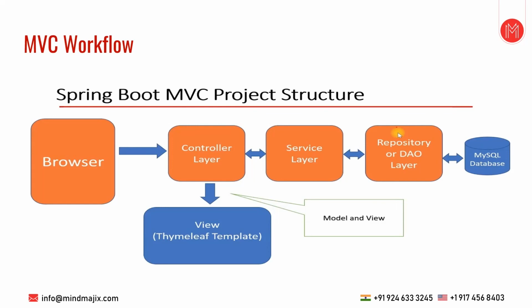The four components of Spring MVC are model, view, controller, and front controller, that is the dispatcher servlet, right? But what are the four layers of Spring Boot? As I already told you, one is the presentation layer, business layer, persistence layer, and database layer.